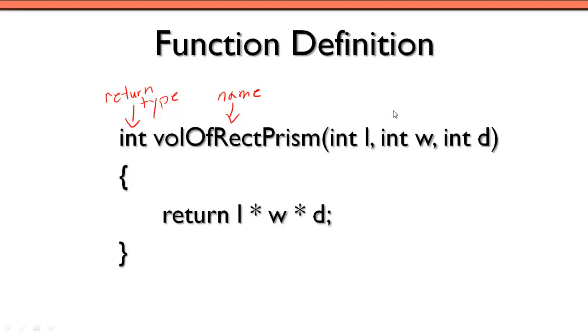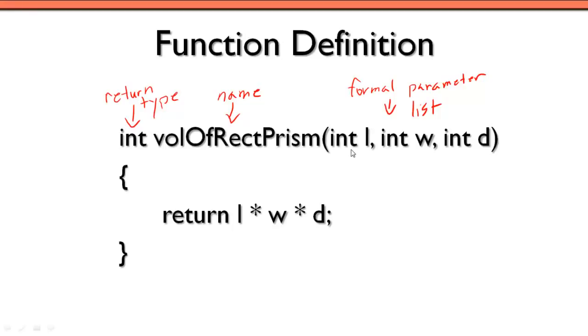And then we have what's called the formal parameter list. All this stuff here inside the parentheses is part of the formal parameter list. And this is how we actually get data passed into this particular function. We're interested in passing in maybe the length, the width, and the depth of this particular rectangular prism.